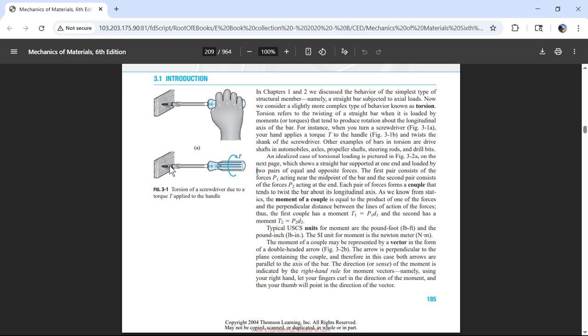Because the first two chapters, and what you should glean from material mechanics, is that everything is a spring. If you have a chunk of metal and you pull on it axially, it behaves as a spring for its usefulness.